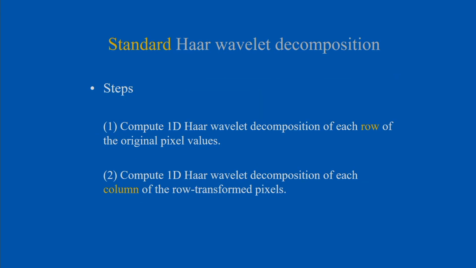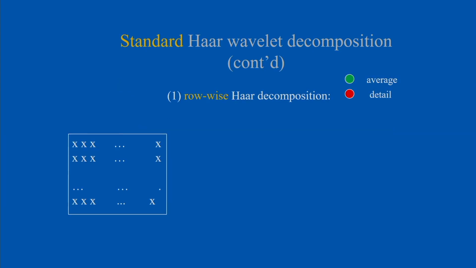In case of the standard decomposition technique, compute the 1D Haar wavelet decomposition of each row of the original pixel values. After this, compute the 1D Haar wavelet decomposition of each column of the row transformed pixels. So you can see I am showing here. Suppose this is the image I am considering. First I have to apply the row wise Haar decomposition.